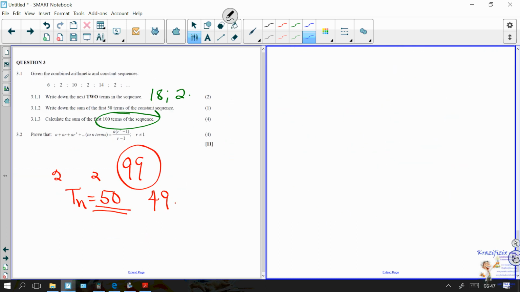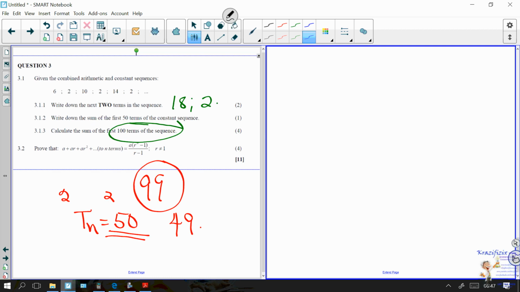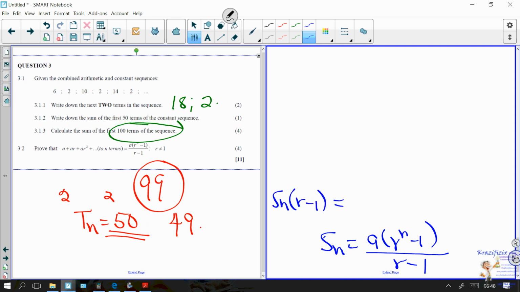But in an exam, in case you forget, I want to teach you something quickly. Write the final answer below. Sn equals A(R^n minus 1) over R minus 1. Cross multiply. What are you going to have? Sn(R minus 1) equals, expand that bracket, AR^n minus A. Expand the first one.